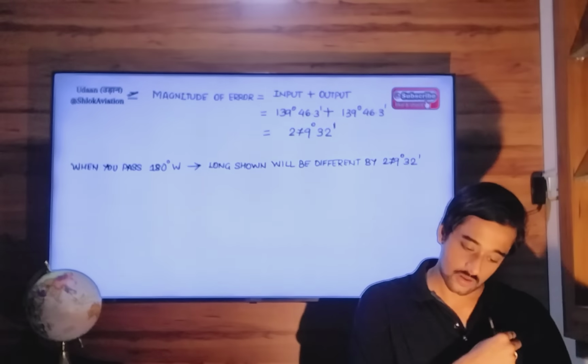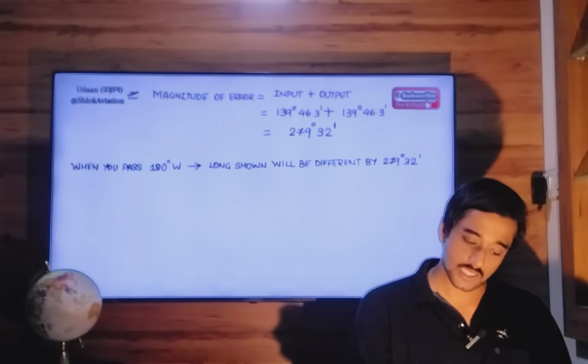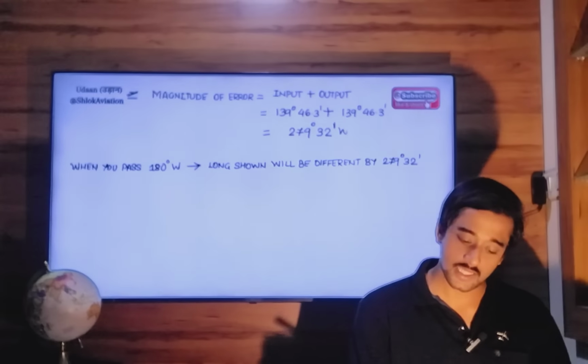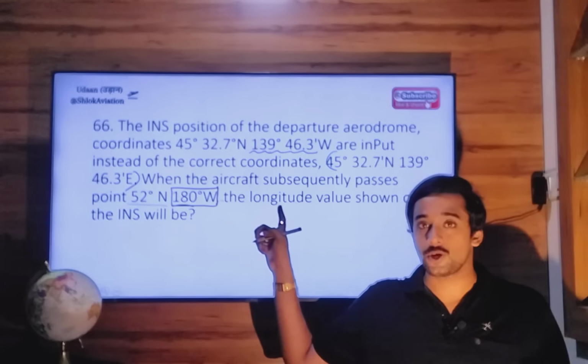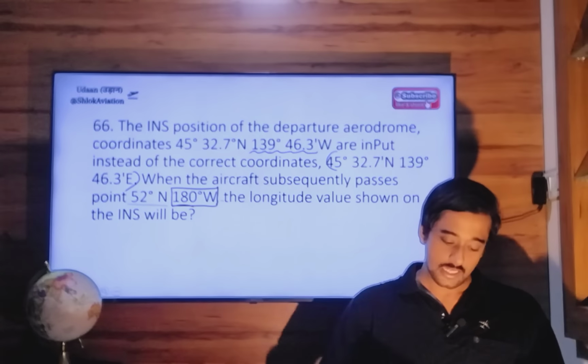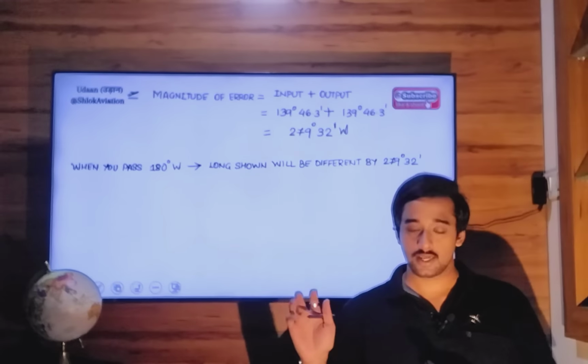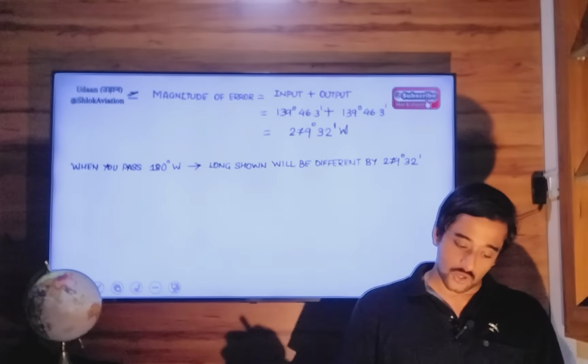Okay, so now this error is in terms of west because the correct longitude is easterly, but you have put the western longitude. So the magnitude of error is westerly, towards the west.